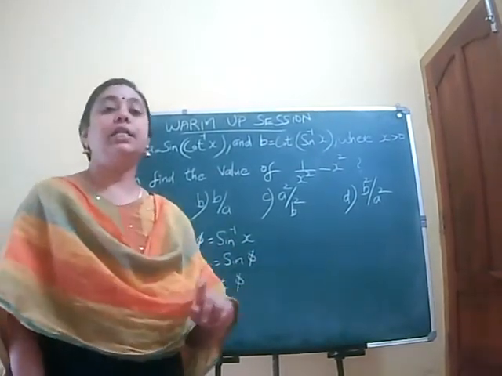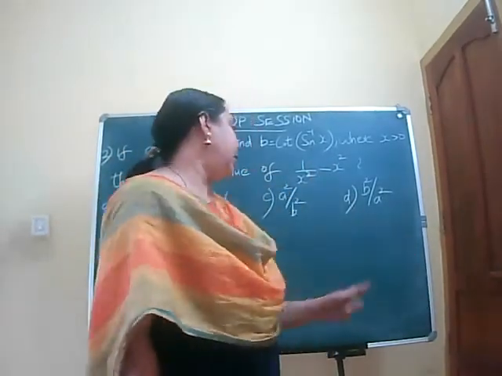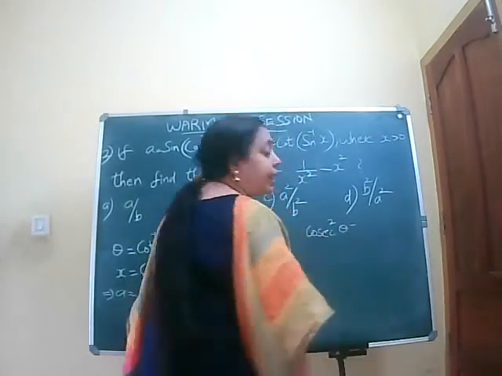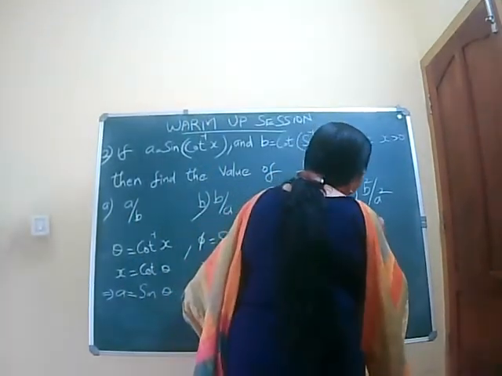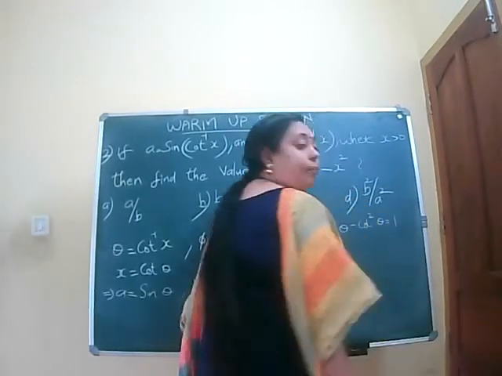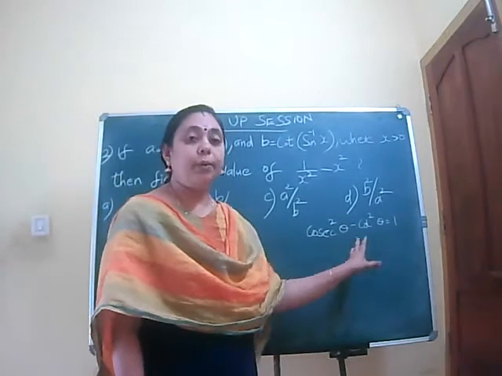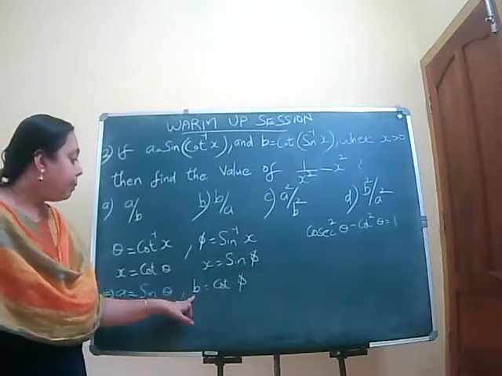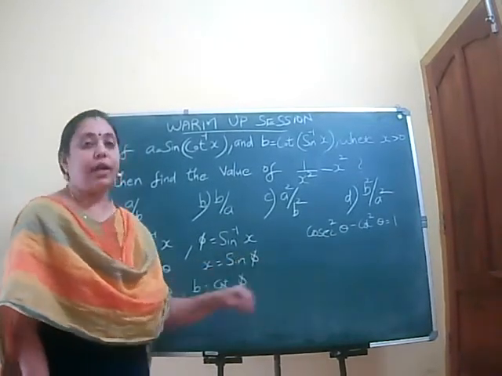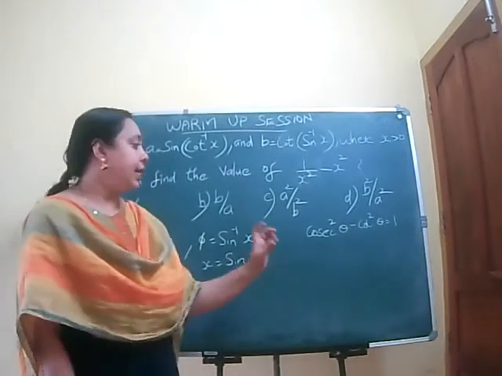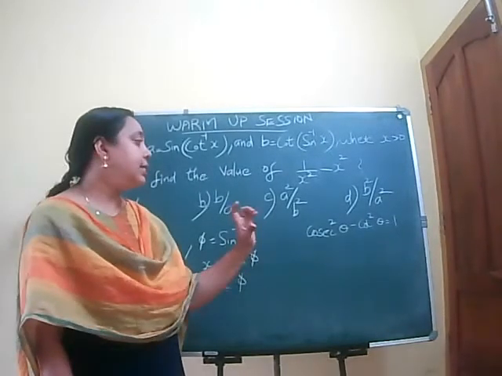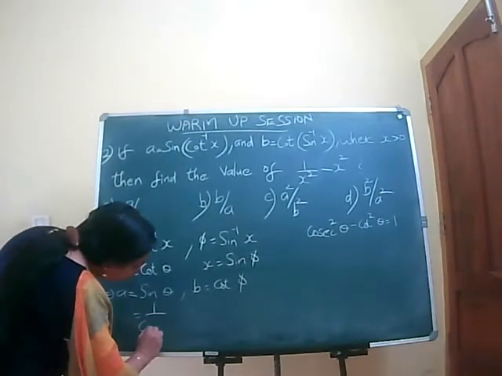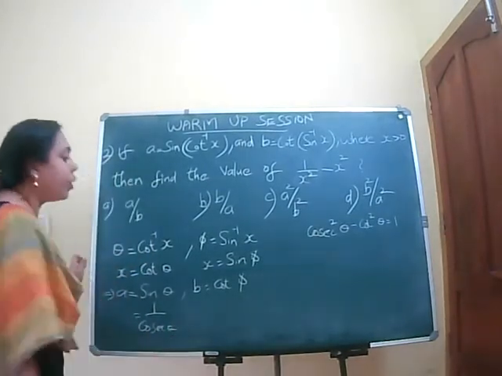For that we use the basic identity cosec square theta minus cot square theta is equal to 1. By using this identity, we convert A into the terms of cot theta and B into the terms of sin phi. In order to use this identity, write sin theta as 1 by cosec theta.